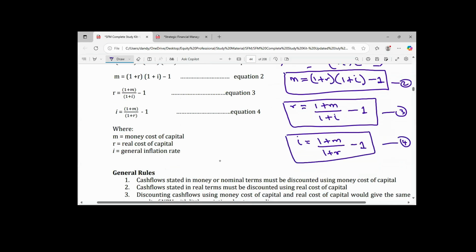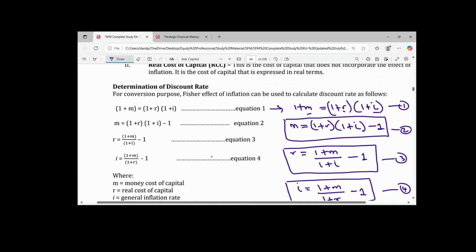But in most cases, this is what you may likely calculate for. If in the question you are given real cost of capital, and you have converted your real cash flow to money cash flow, then that is the formula. You are going to calculate money cost of capital.